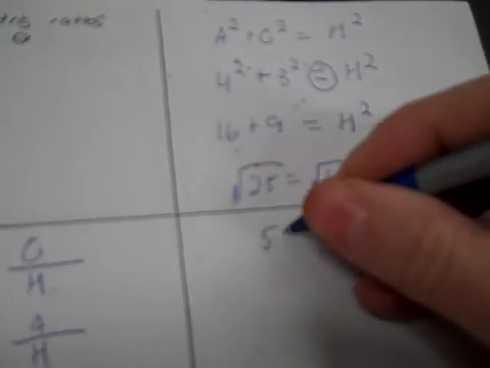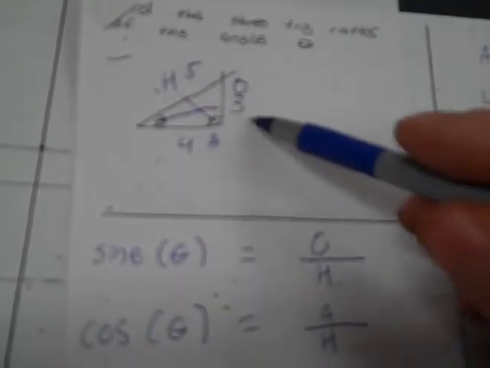So 5 is equal to h. So I go put 5 next to my h, and now I can fill this out. So O is 3, h is 5, so 3/5 is the sine. Cosine, A is 4, h is 5, 4/5. And tangent, O is 3, and A is 4. Okay, and that's complete now.